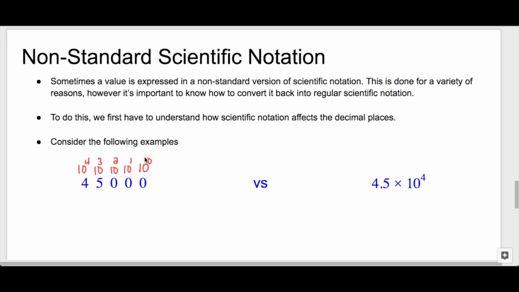Now notice how the exponents of the powers increase in the positive direction as we go to the left. So 10 to the 0 is equal to 1, 10 to the 1 is equal to 10, 10 to the 2 is equal to 100, 10 to the 3 is 1,000, 10 to the 4 is 10,000. Now if you recall from scientific notation, we need to take the decimal place and move it over here.